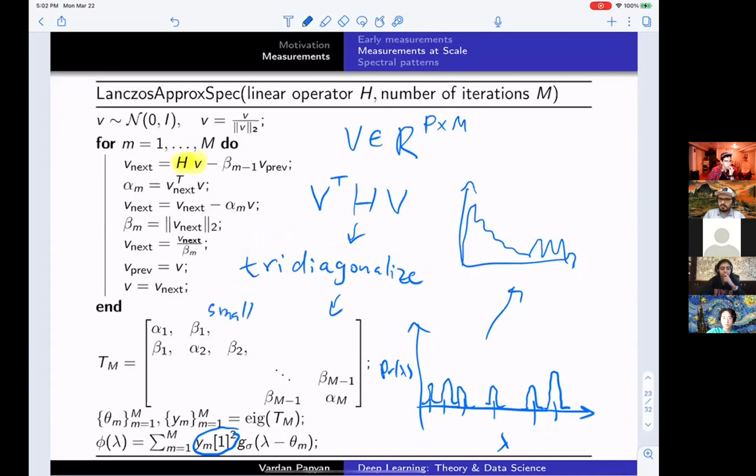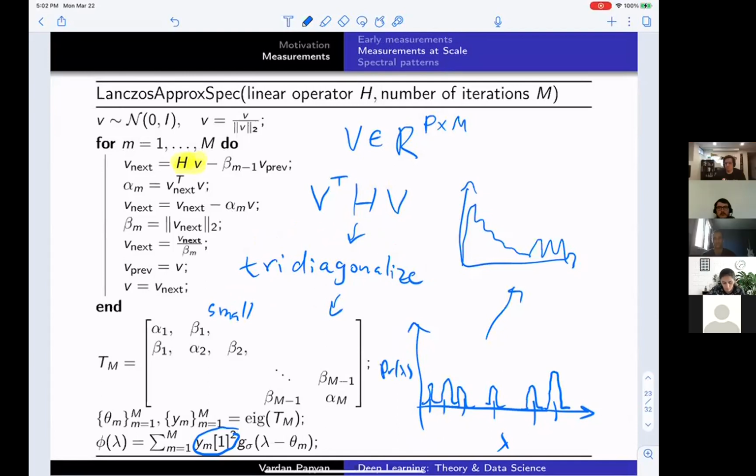The eigenvalues of this small tri-diagonal matrix approximate the eigenvalues of the original matrix. Does the algorithm just give you m random eigenvalues of H? No, they're the top eigenvalues. That's a good question, I should have emphasized that. It's the top eigenvalues.